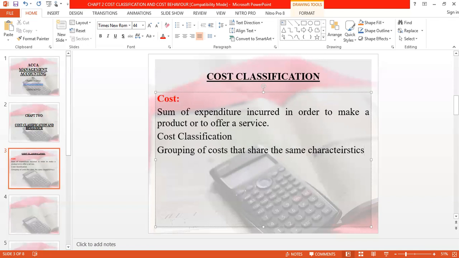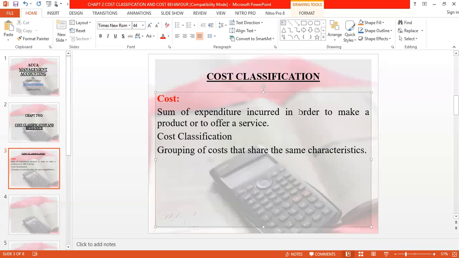To classify, you group costs depending on their attributes. If costs share the same attributes, characteristics, features, or qualities, you group them into one category.